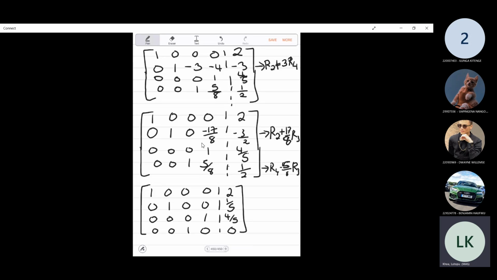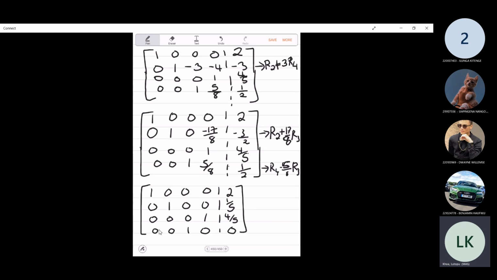So here we can see that our rank is 4, but sometimes you get equations like this at the end. So you can see here I have 0 0 1 0 and then 0 here.